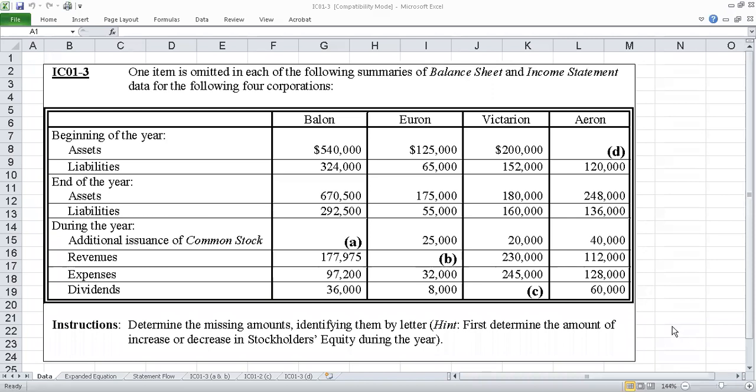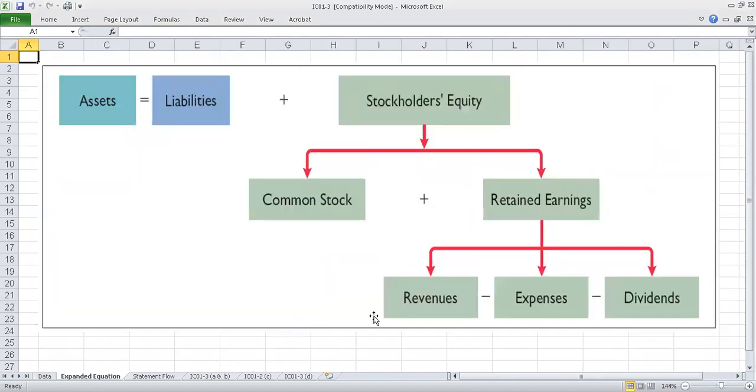So in-class exercise 1-3. Now we're just going to do part A together, and you can do the other parts on your own for practice. But this is just putting that expanded basic accounting equation diagram into practice. We're going to work on making sure that we understand how the financial statements link together.